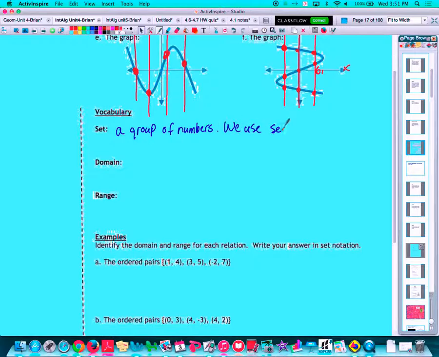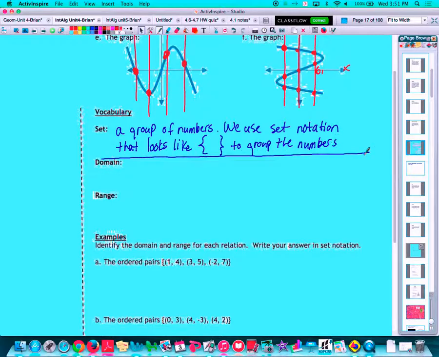We use set notation that looks like a couple of brackets, like these little brackets like this to group the numbers. Okay, so a set is a group of numbers. Basically, we're going to use little brackets. So a set of numbers could be the domain and it could be the range.